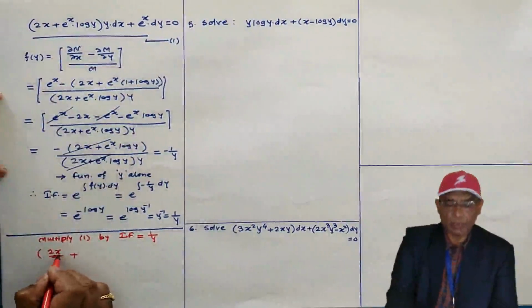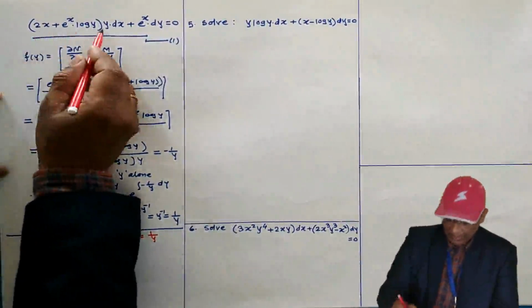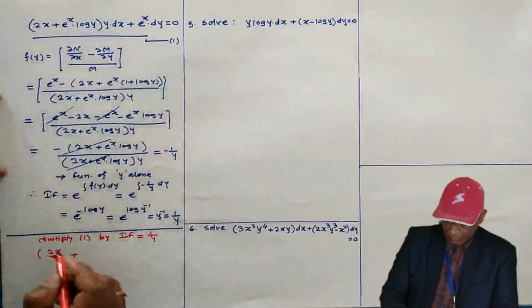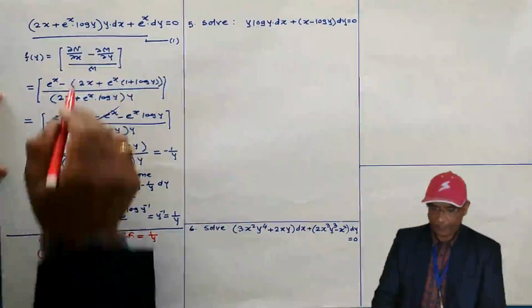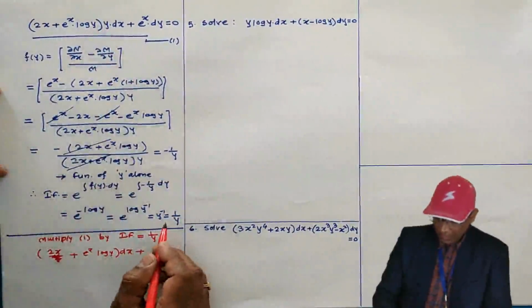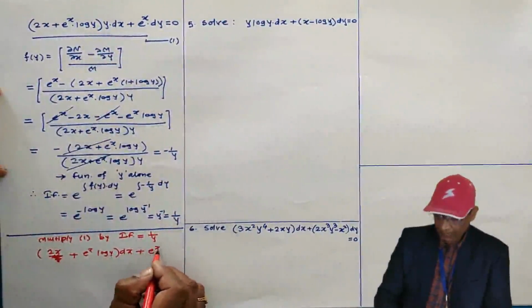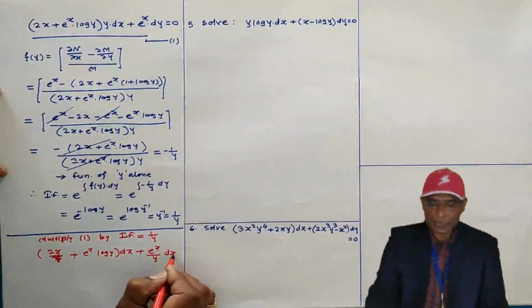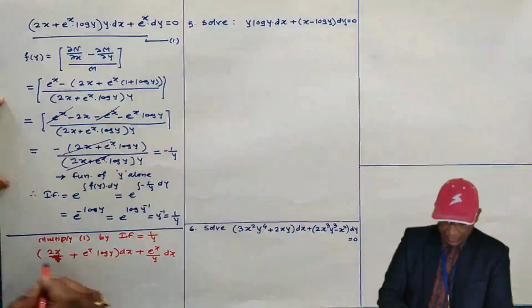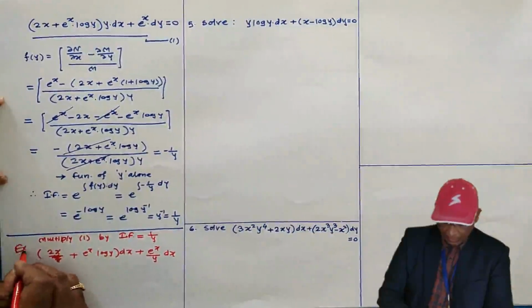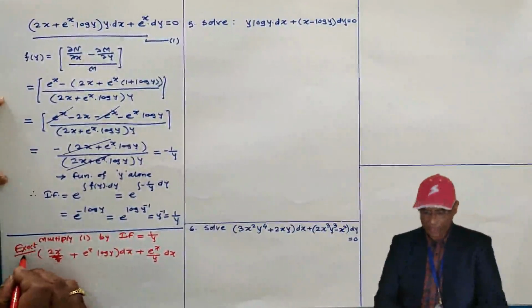If you multiply this by 1 by y, the y into 1 by y will get cancelled. This term is remaining. Y multiplied by 1 by y, and e power x by y dx. So when you multiply the given equation by the integrating factor, this will be an exact differential equation.